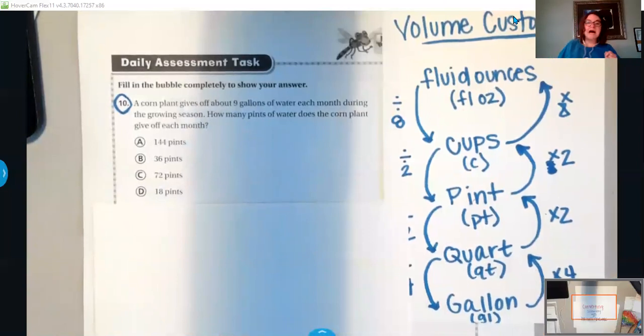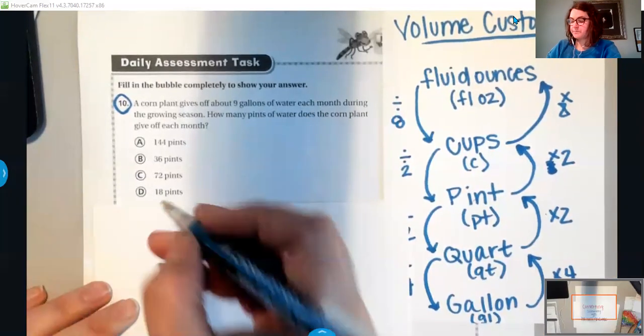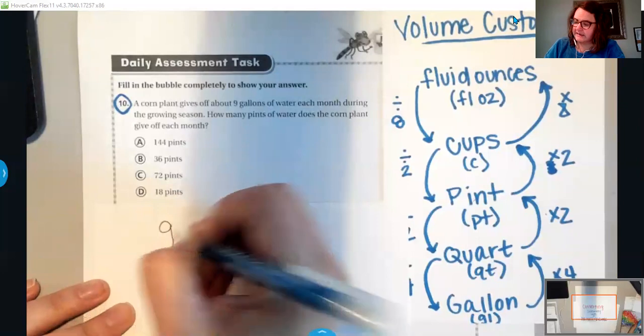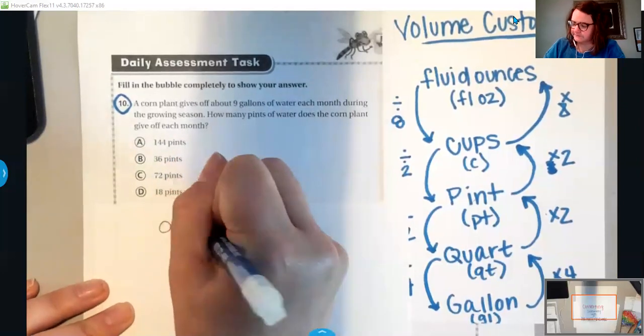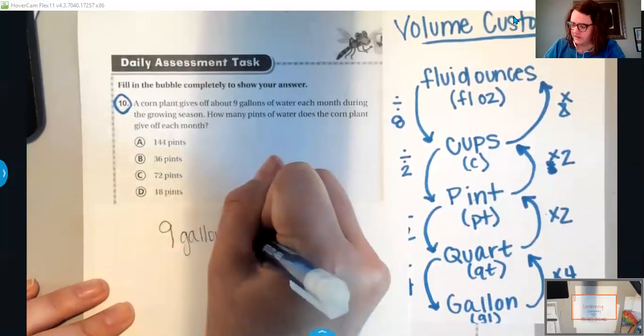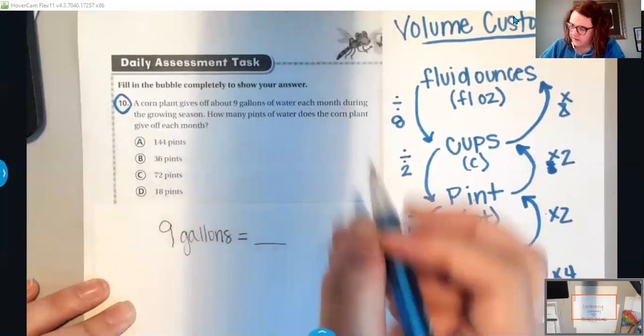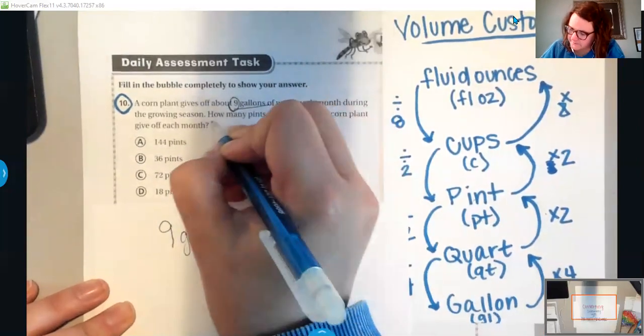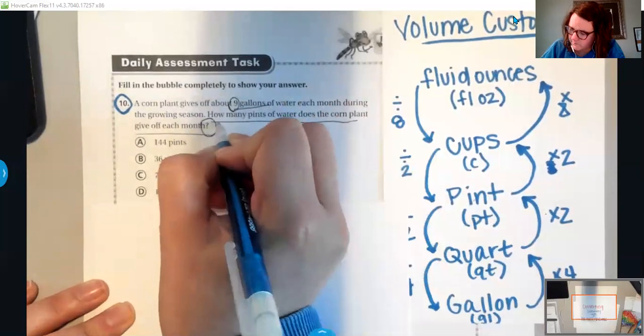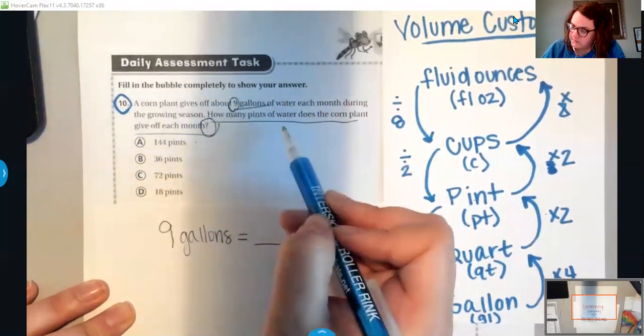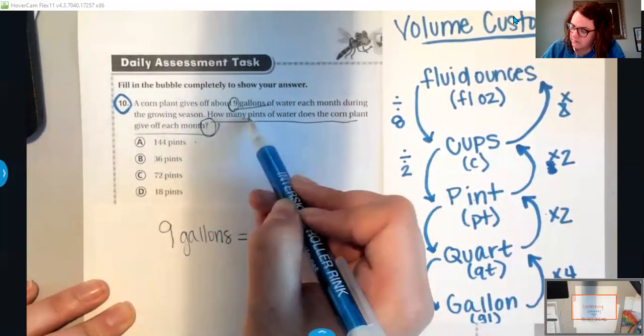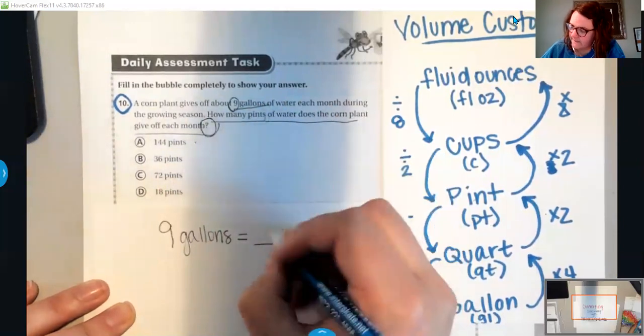How many pints of water does the corn plant give off each month? So once again, I'm going to look for what units we are going toward. We've got 9 gallons equals blank pints.